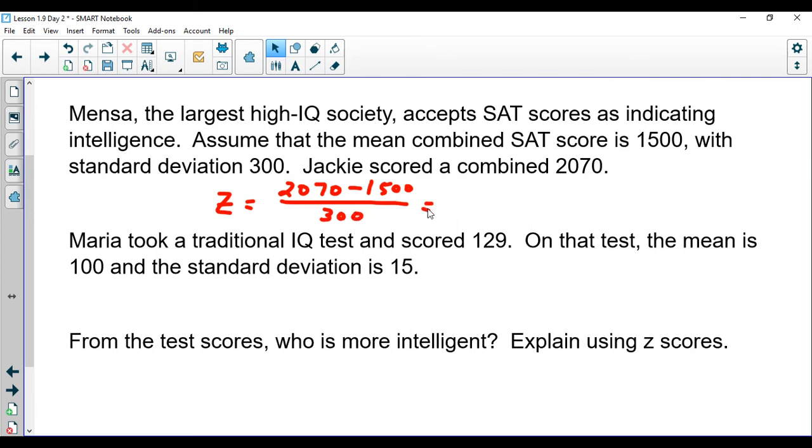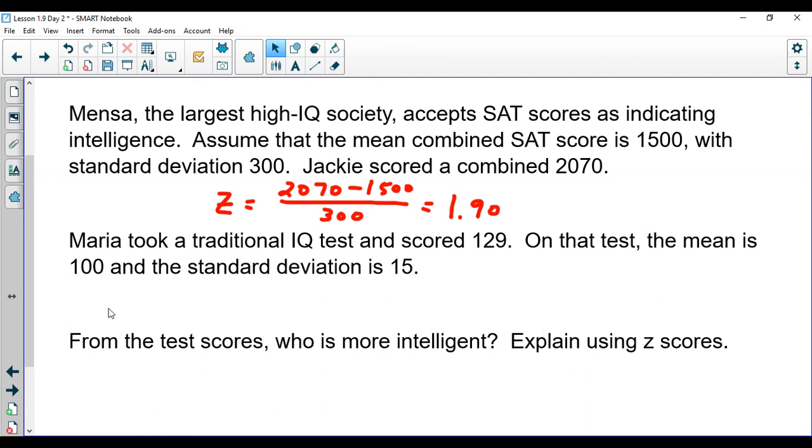Make sure that you actually subtract first. So do the 2070 minus the 1500, and then I would go ahead and hit equals or enter, because that gives me 570. Then do your division. And so on this one, I get 1.9. Again, we always want to go to 2 decimal places, and that will be important when we get into the next chapter.